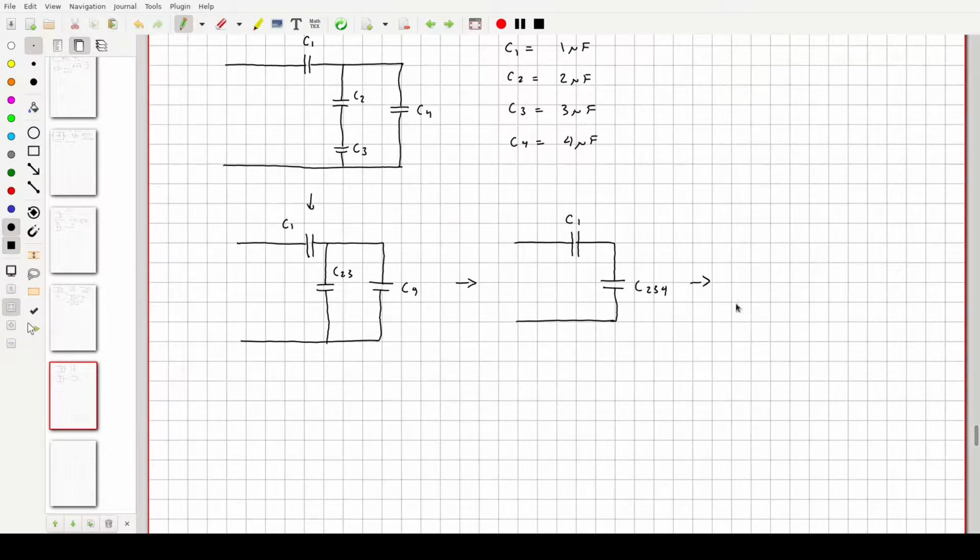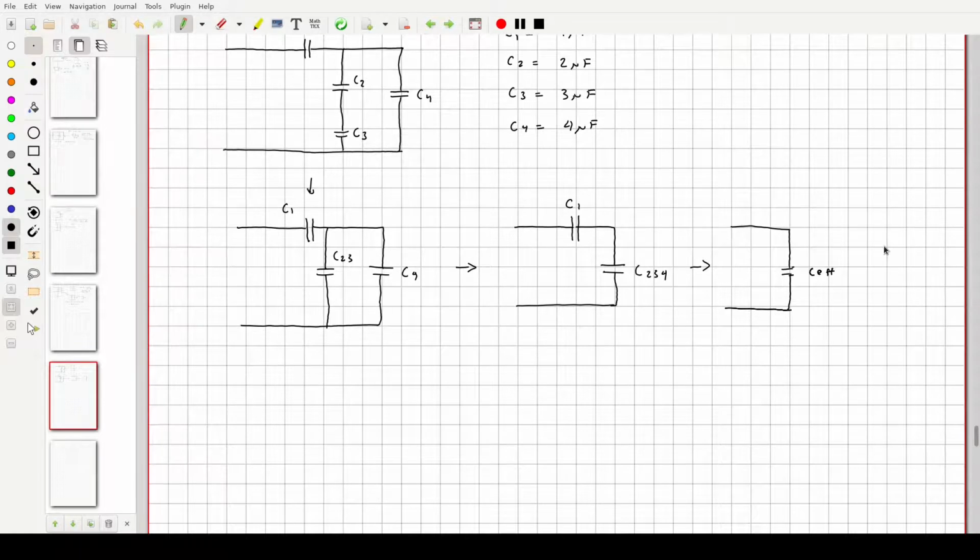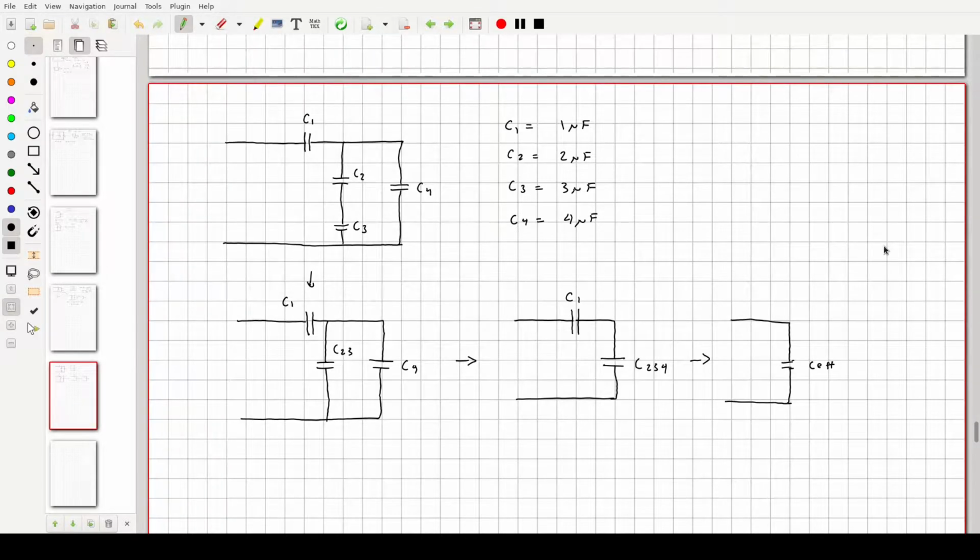Then our last reduction in complexity is going to be taking these two and turning them into one. They're in series with each other, so that's pretty easy. You already know how to do that. And now we have our effective capacitance. So it's going to be a 3-step process. Step 1, Step 2, and then Step 3.